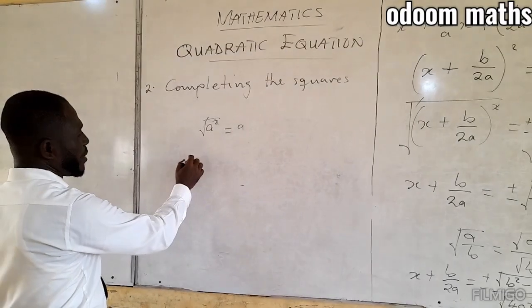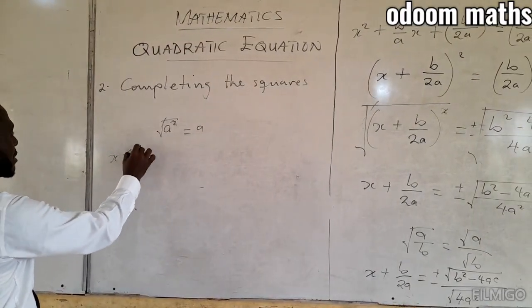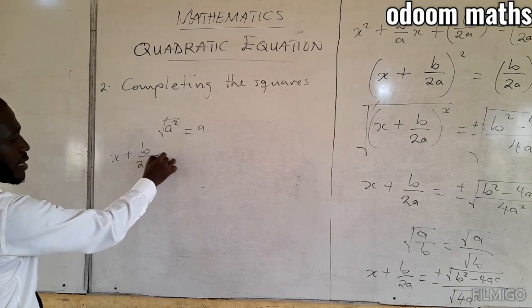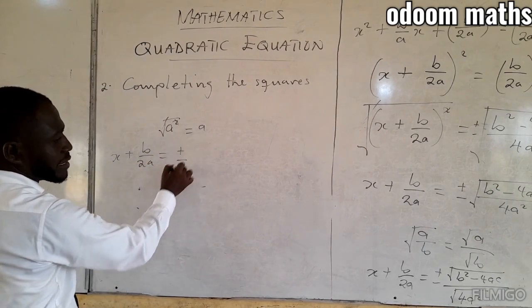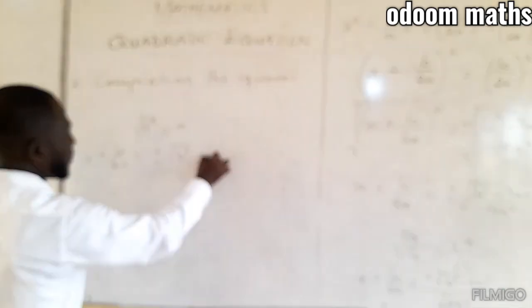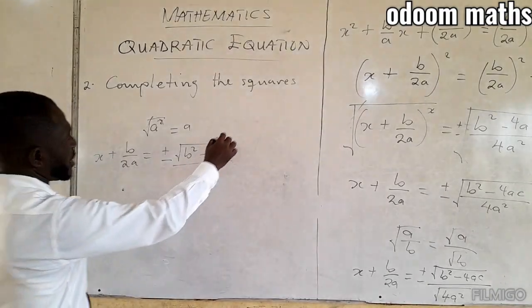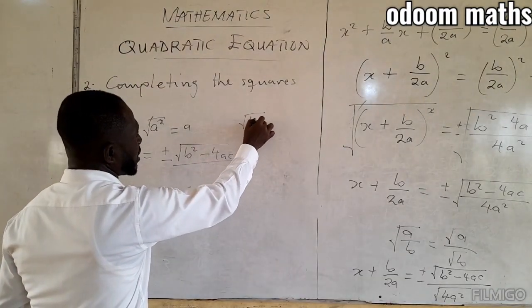So our x plus b over 2a is equal to plus or minus square root of b squared minus 4ac over, this is the square root of 4a squared.